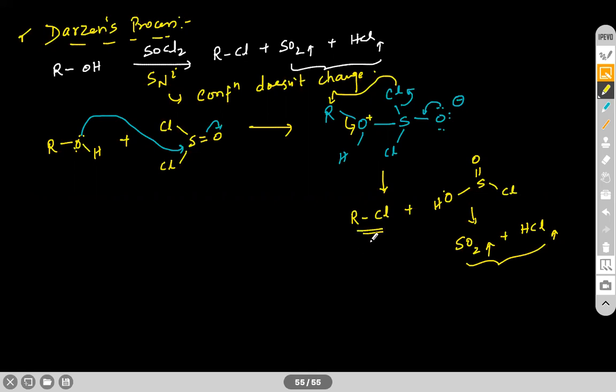Configuration does not change in this. So this is very important, this one. Configuration does not change. It's very important in this. Have you finished this?